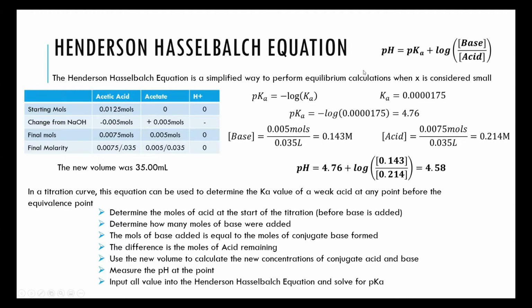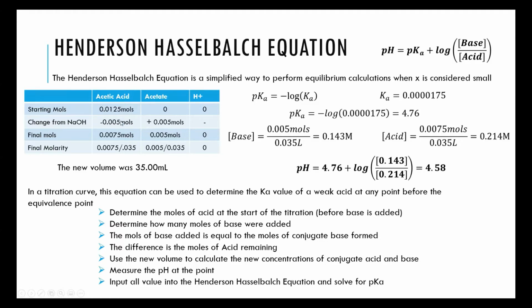So in this example, we already knew the Ka. The Ka for the acetic acid was 1.75 times 10 to the negative fifth. So the pKa of that is the negative log of 1.75 times 10 to the negative fifth. The pKa is 4.76.